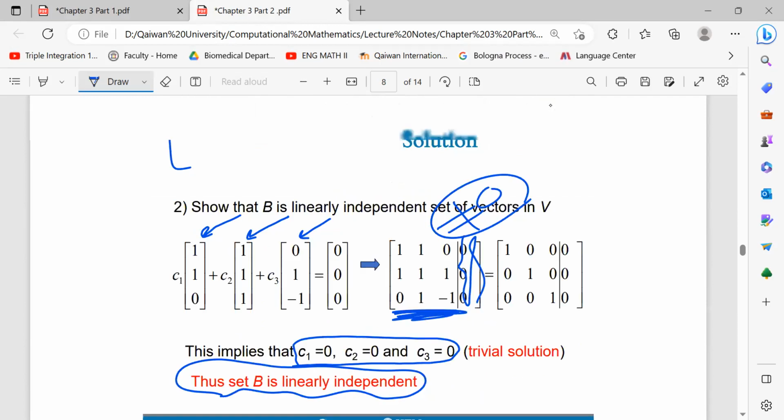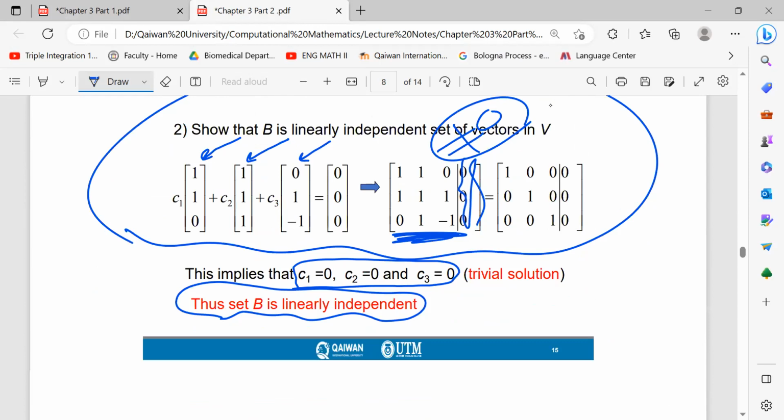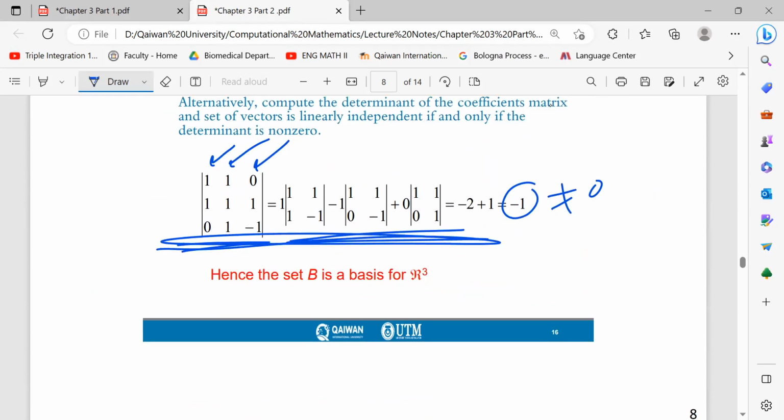You don't need to do step 2 here. You can just find the determinant, and if it equals 0, we say they are linearly dependent. But if it doesn't equal 0, if it's any value, negative or positive, we say the vectors are linearly independent.